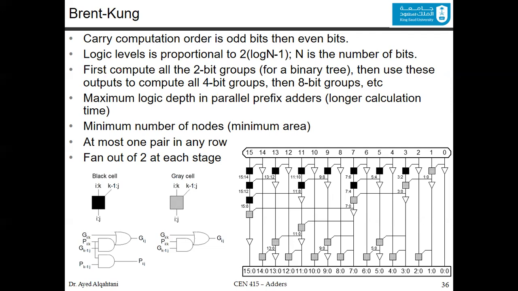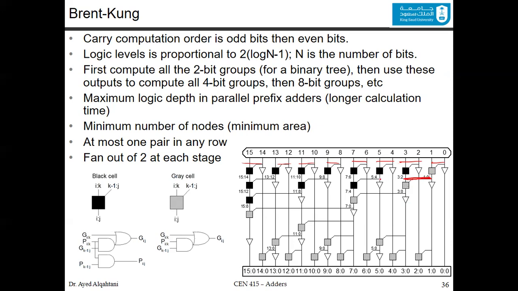The idea is first you compute all the 2-bit groups. So you have 2 bits, 2 bits, 2 bits, 2 bits, 2 bits, 2 bits, 2 bits, and 2 bits. Then use these outputs to compute all the 4-bit groups.